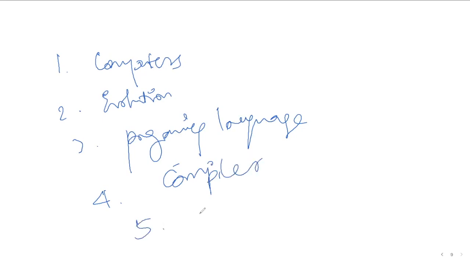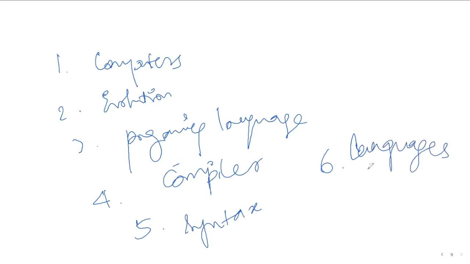Then we learned about what is syntax. Then we learned about language levels. So this covers the first topic in your syllabus about programming and about C. Okay guys, so far we have seen these six topics.